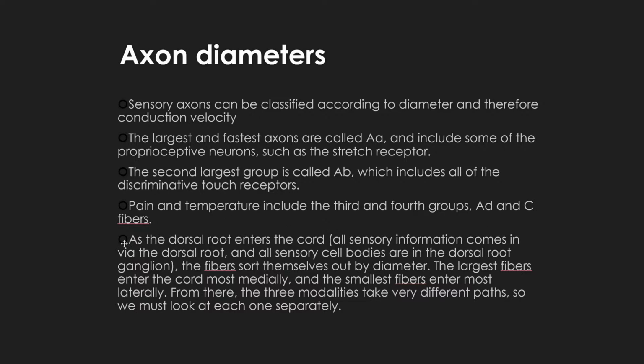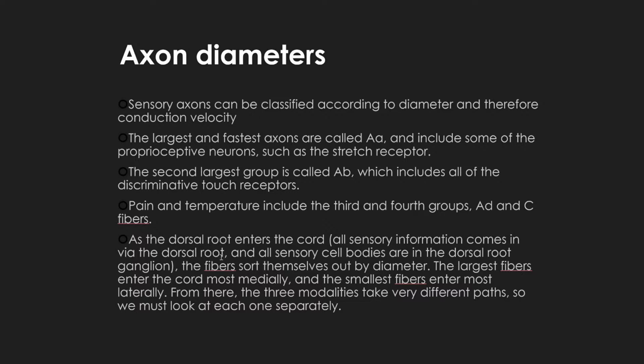This is an ascending tract, so we begin the description not from the brain but from the peripheral portion, which is either a nerve ending or a receptor, and from the nerve until the spinal column, until the dorsal root, these fibers follow together.